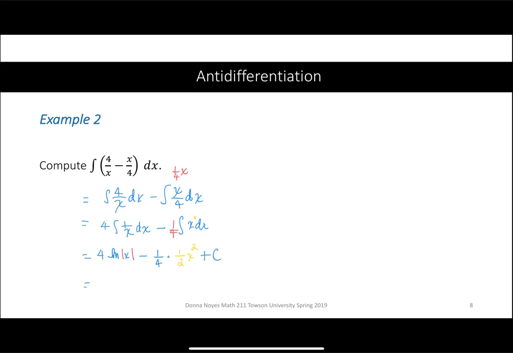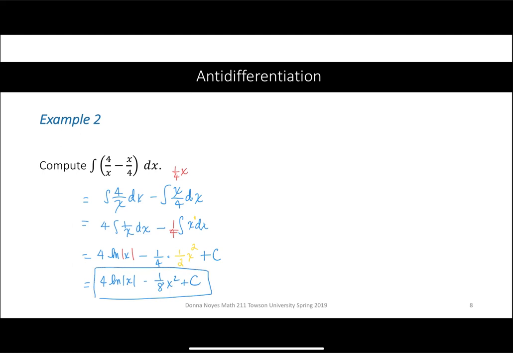So if we put all of our terms together, we get 4 times the natural log of the absolute value of x minus, now this is 1 over 8 x squared plus c.